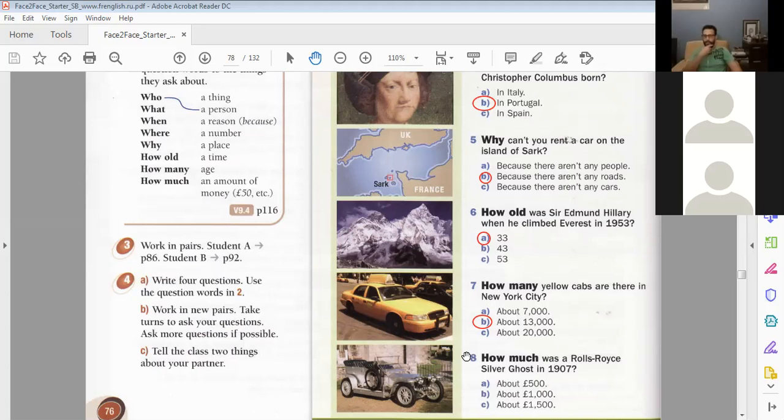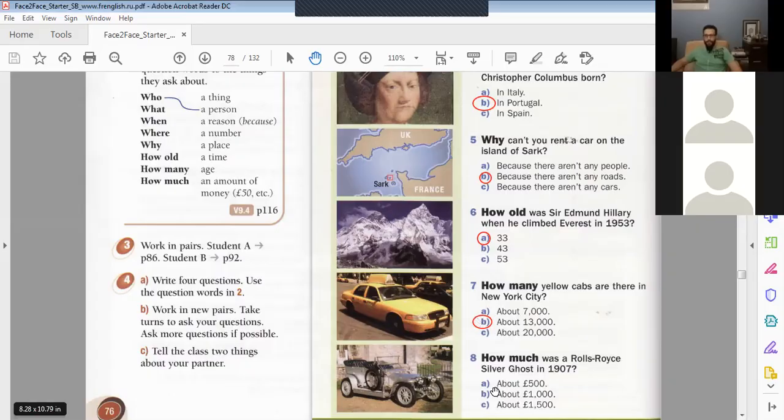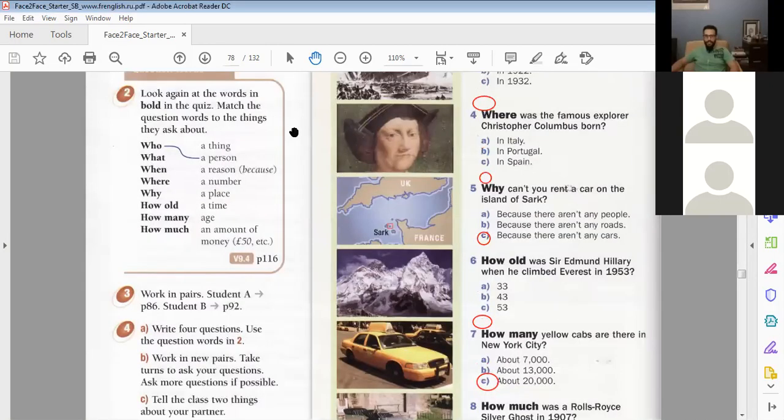About 500 pounds, 1,000 pounds, 1,005 pounds. What do you think? A? A. Okay, let's choose your answer. Okay, now let's find the correct answers for these guesses. Let's see. Yes. Let's find out.